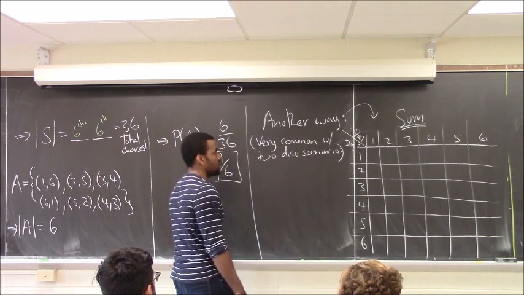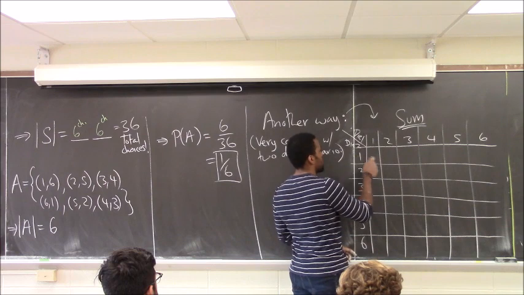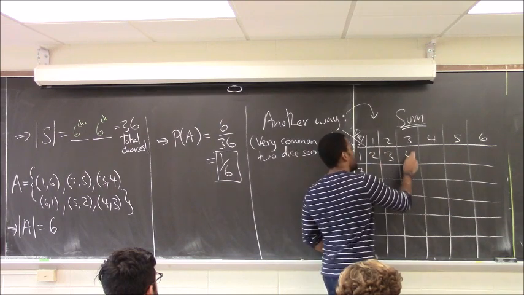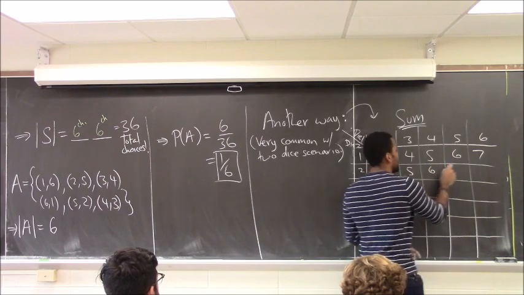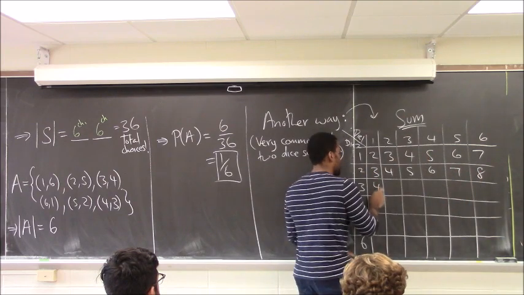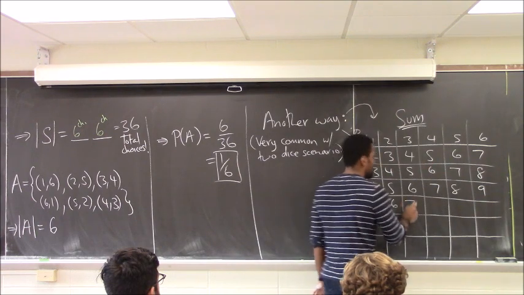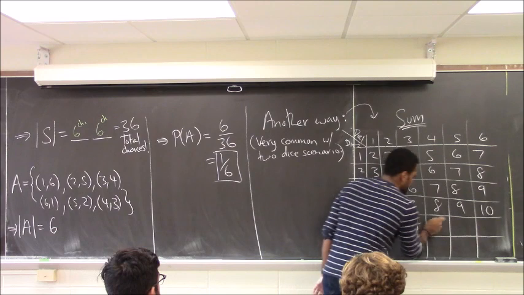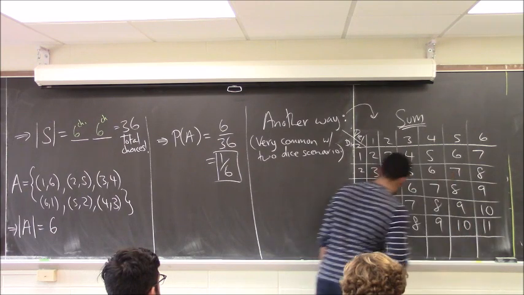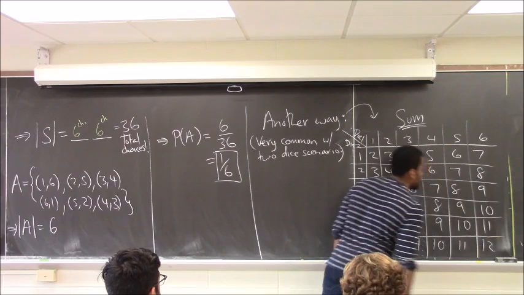Now, I'm going to fill these in with the sum of the 2 numbers. So 1 plus 1 is 2, 2 plus 1 is 3, 4, 5, 6, 7, 3, 4, 5, 6, 7, 8, 4, 5, 6, 7, 8, 9, 5, 6, 7, 8, 9, 10, 6, 7, 8, 9, 10, 11, 7, 8, 9, 10, 11, 12. These are all the options.